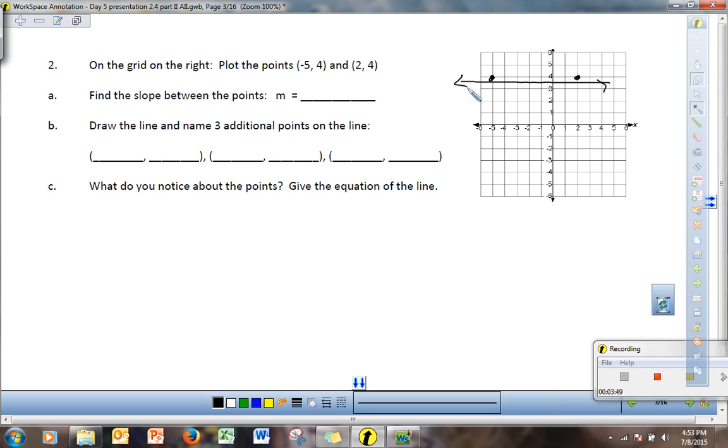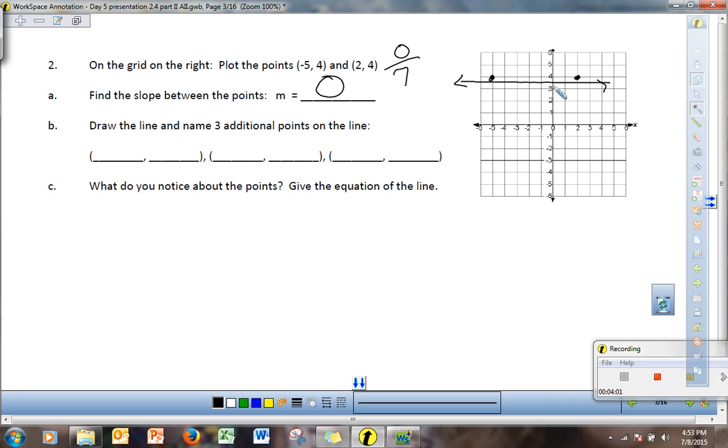But once again, the slope: I'm going to go 4 minus 4, which is 0, over 2 minus negative 5, which is 7, but that gives me a 0 slope. Once again, that makes sense. This line's not going up, so its slope is 0. Name some other points on there, whatever points you want to name.